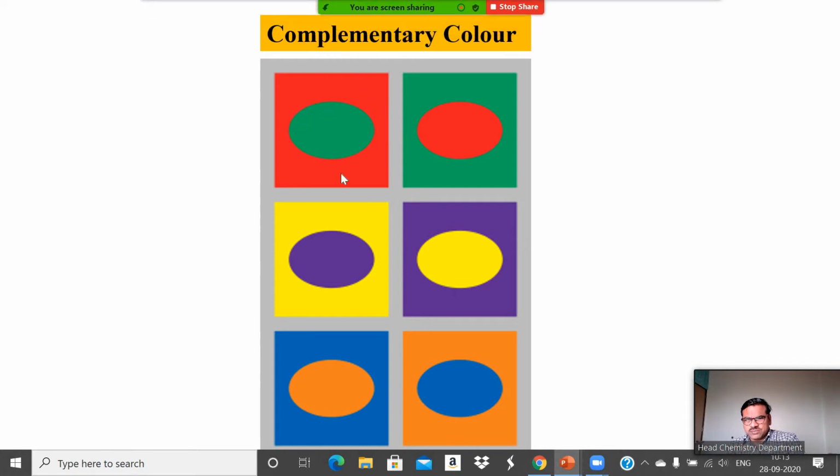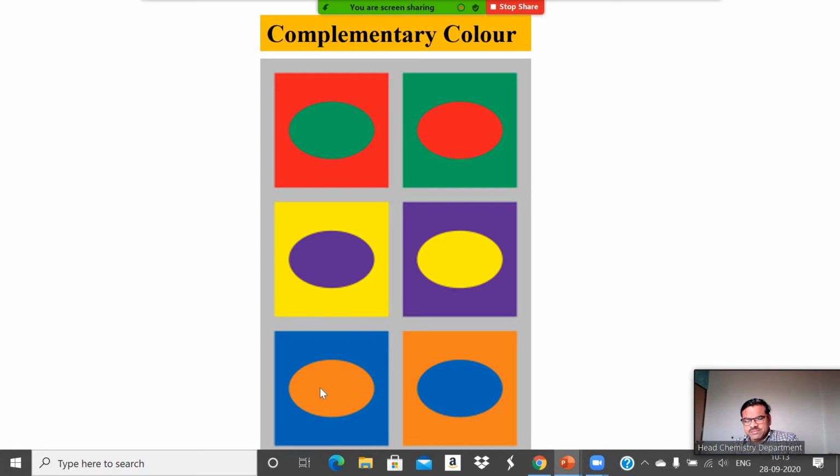So this is the object. This is the object. When that object absorbs green color, it appears as red. Means an object, a material, if it absorbs the green color of visible light, then its complementary color is red. Suppose some object absorbs blue color, its complementary color is yellow.